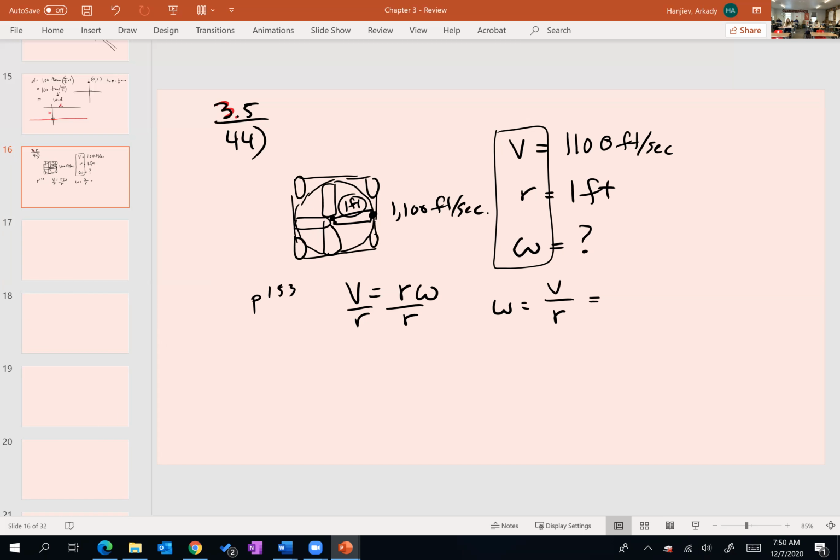There's no change here, except for the units. Notice the feet go away. And since the feet go away, we are just going to be in radians per second. That's it.